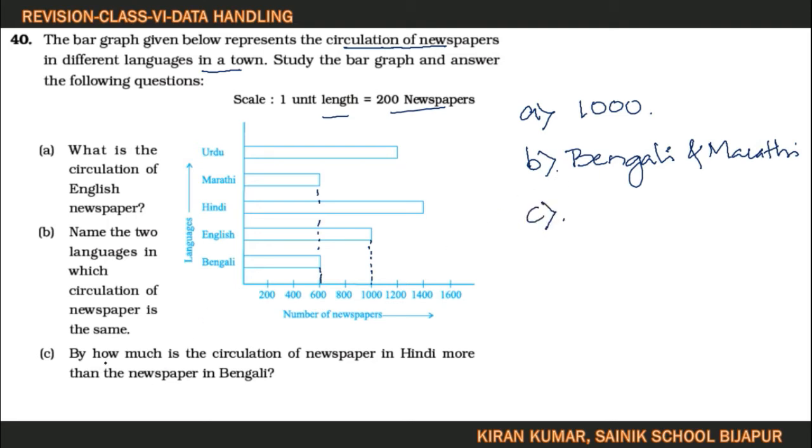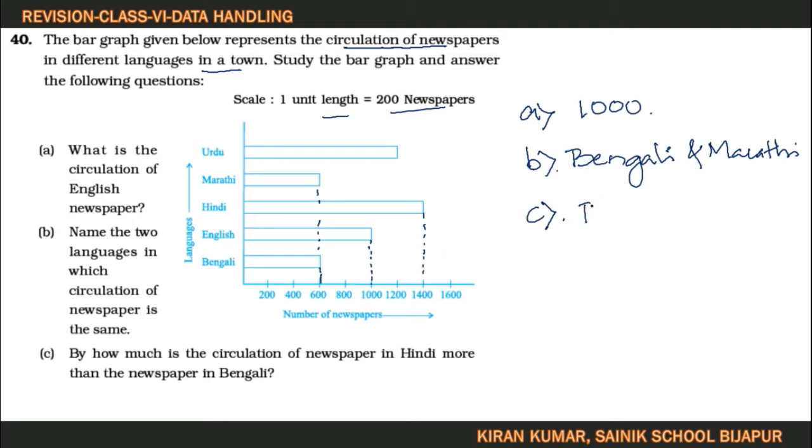Third one, by how much is the circulation of newspaper in Hindi more than the circulation of newspaper in Bengali? Now we know the Bengali is 600, Hindi is 1400.